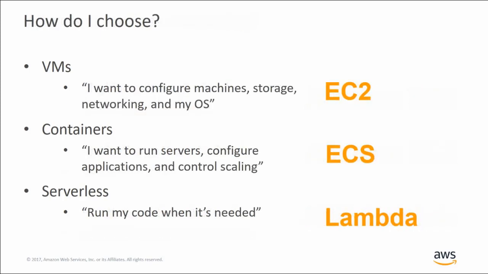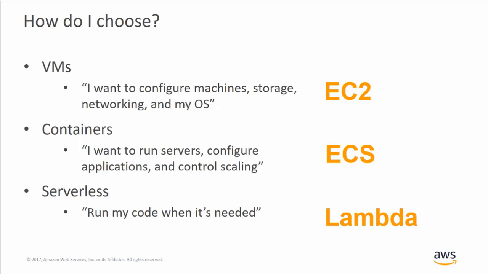As a customer, it is good that you have all these options to choose from. And which you would use depends upon how much customization and flexibility you want. So if you want to configure the underlying operating system, select which operating system, whether it's a Windows machine or Linux, if you want to configure the storage, if you want to configure networking, if you want that level of detailed control, then EC2 instances, which are virtual machines, are the right option for you.